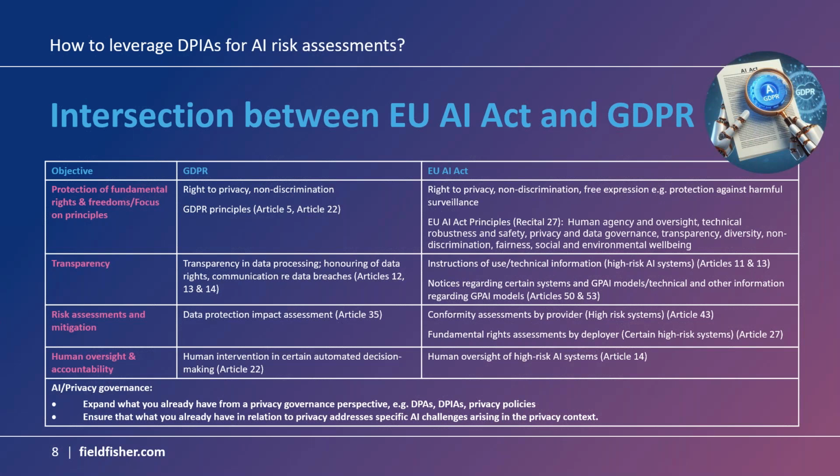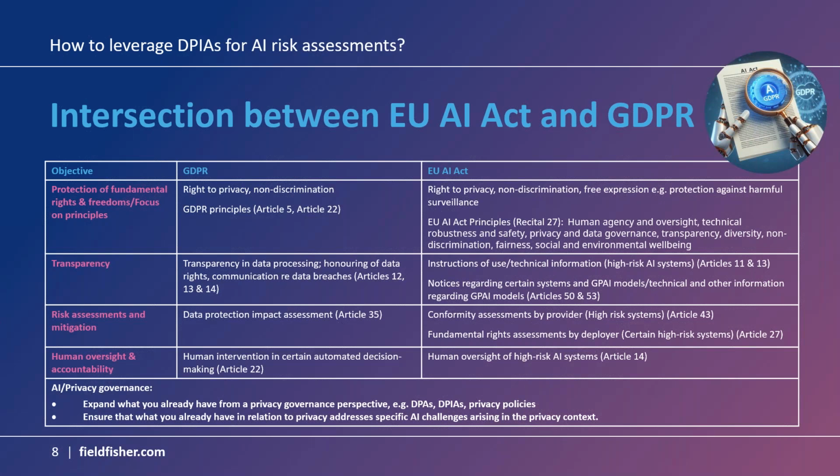So firstly, we know that the GDPR is aimed at protecting certain fundamental rights and freedoms, and that there's a focus on some key principles. And the rights that it seeks to protect are the right to privacy, the right to non-discrimination, and Article 5 sets out certain GDPR principles which form the cornerstone of the legislation.